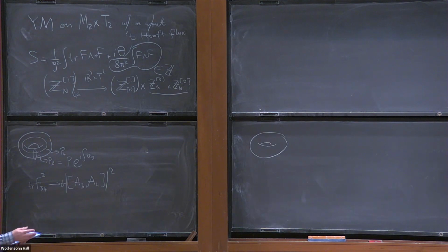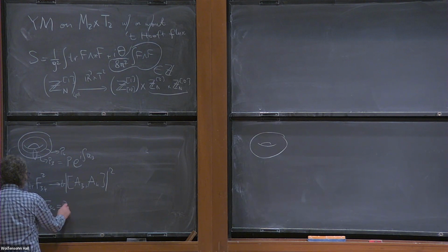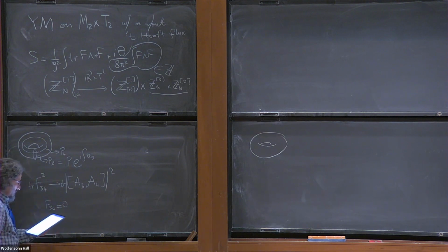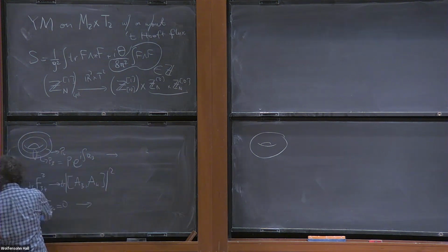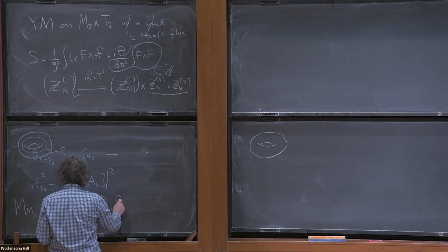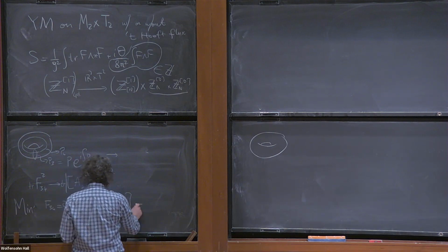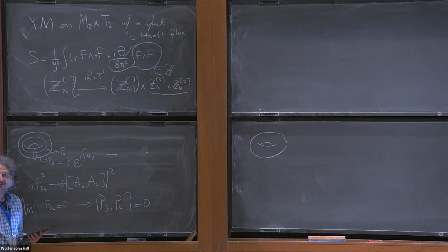And the minimum of this potential is, of course, at what we would call F34 equal to 0. This is called flat connections. And at the minimum, P3 and P4 must commute, because A3 and A4 commute. So that means they are simultaneously diagonalizable.